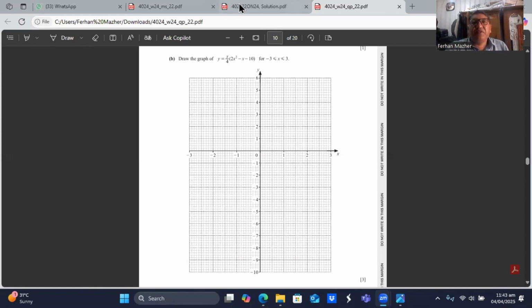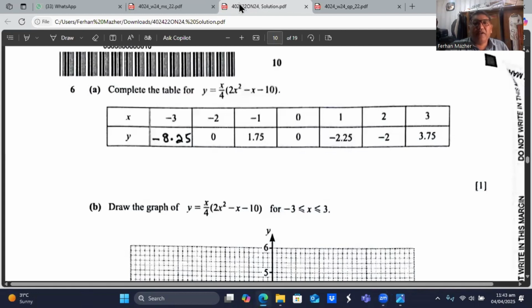It's very simple, you just take those points and plot them here. Minus 3, minus 8.25; minus 2, 0; minus 1, 1.75; 0, 0; 1, minus 2.25; 2, minus 2; and 3, 3.75. So we will plot them on this grid.